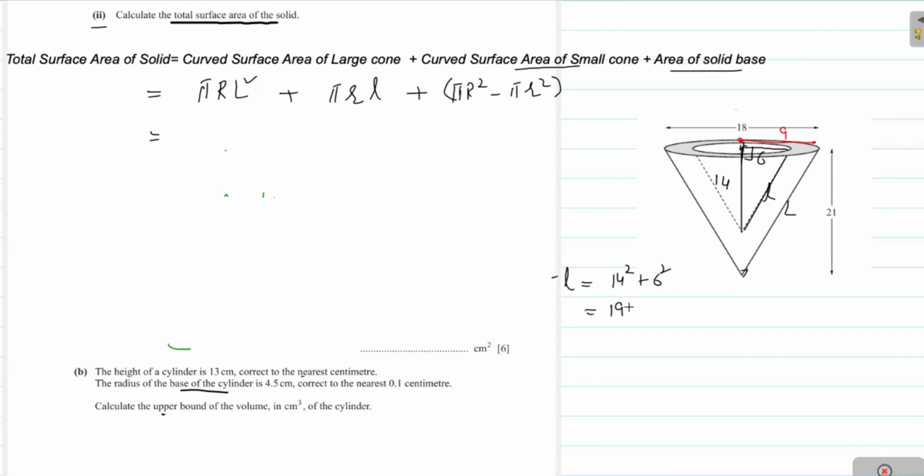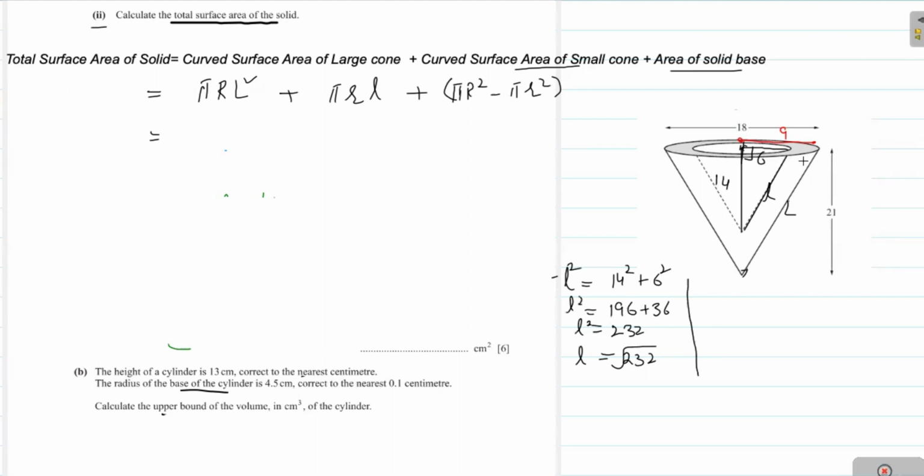We write 196 plus 36, so l square will be equal to 232, and we can write it as the square root of 232.